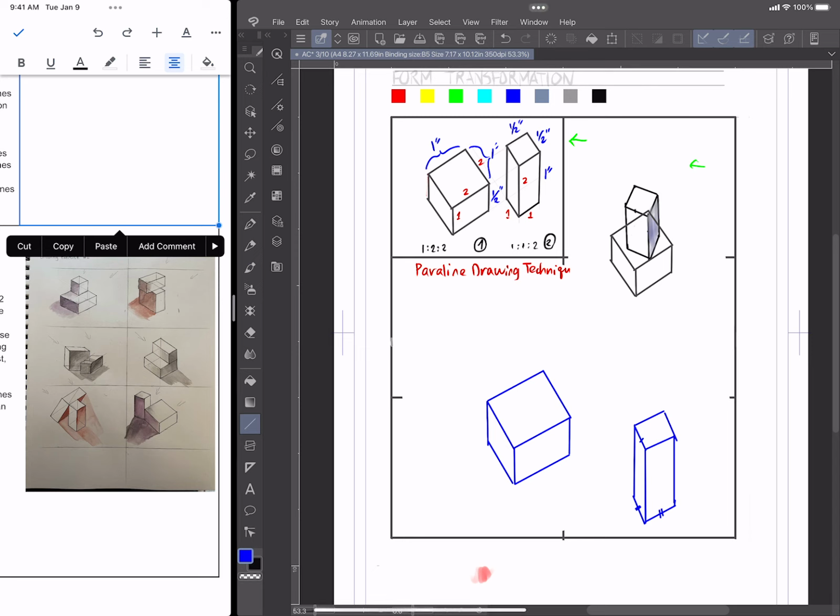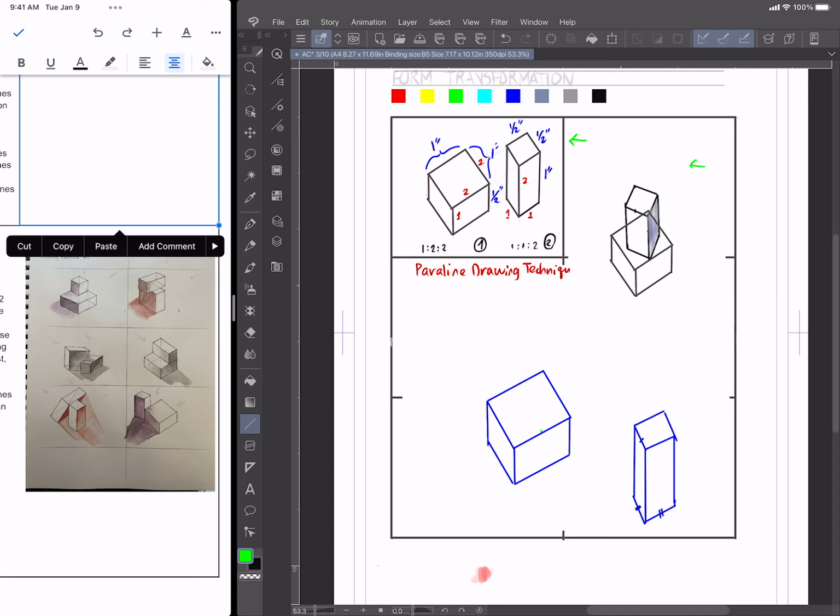So here, again, we're going to use green to build our construction lines. And so let's assume the second volume would touch at the edge.